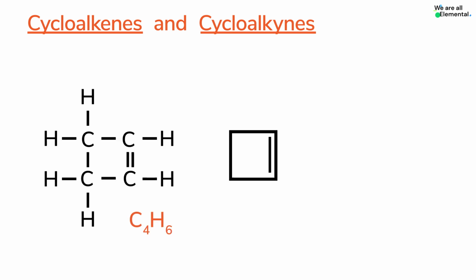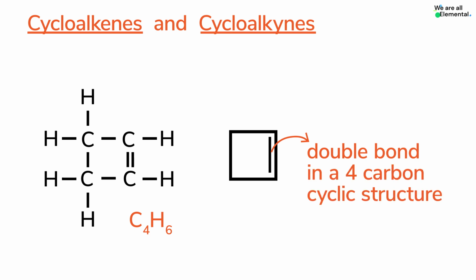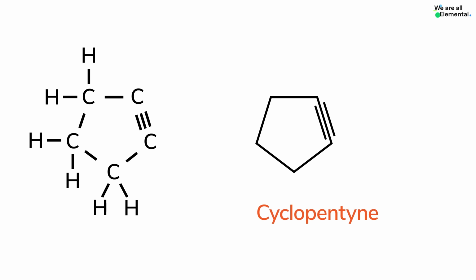Here are examples of cycloalkenes and cycloalkynes. This is an example of a 4-carbon ring structure with a double bond. And the formula is C4H6. And this is an example of cyclopentyne, which is a 5-carbon ring structure with a triple bond.